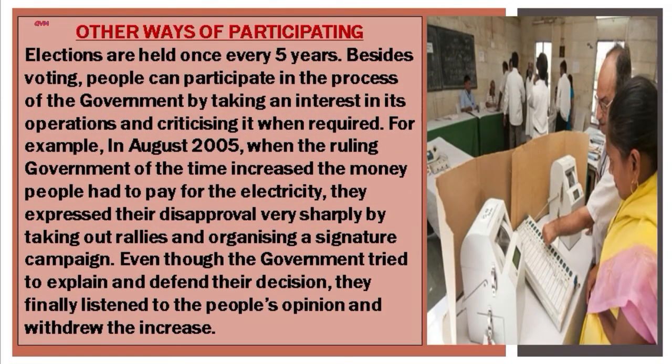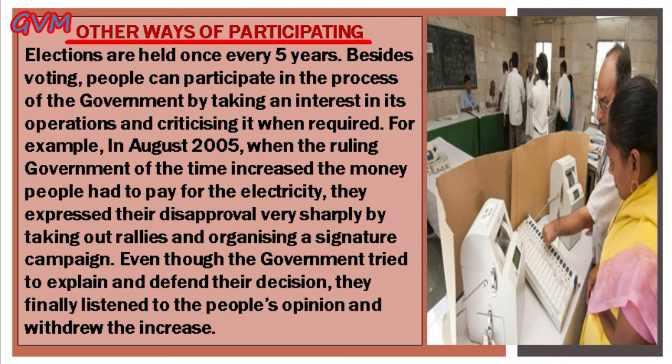Now students, let's understand the other ways of participation through which people can cooperate in a democratic country. Students, as I said, in a democratic government, elections are held once every 5 years. So in addition to elections, there are a few different methods for participation of people in a democratic government.